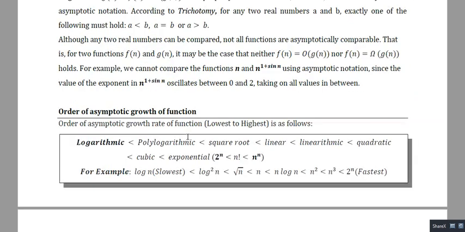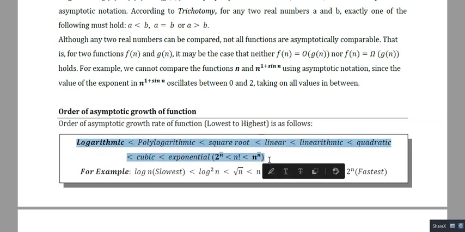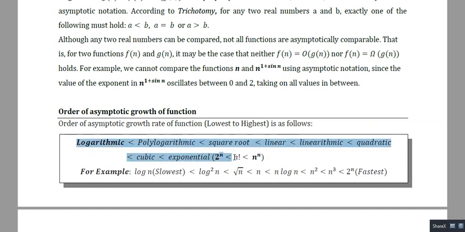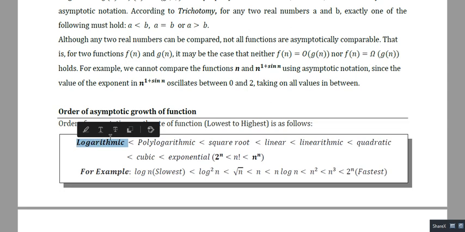Now this is a very handy formula, and you should remember it, as it is very useful for your GATE examinations. How do you compare the asymptotic growth of functions? The smallest function is always logarithmic, then above logarithmic we have polylogarithmic, then square root, then linear, then n log n, then quadratic, then cubic, then exponential.